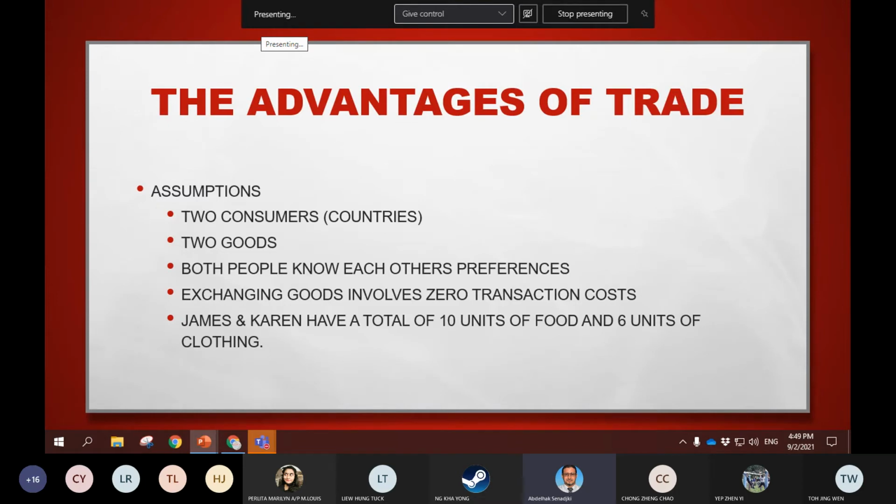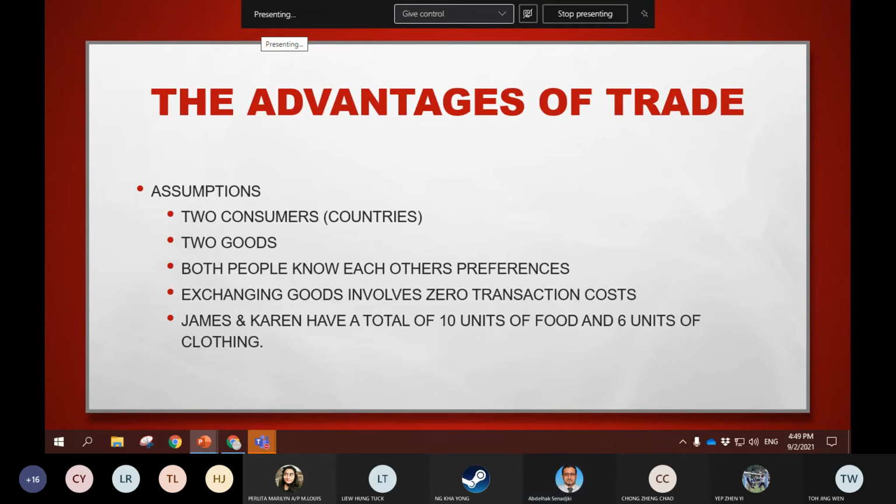Both countries or both individuals know each other's preferences. So let's say Malaysia knows Indonesia's preferences and Indonesia knows Malaysia's preferences if they want to trade. Exchanging goods involves zero transaction cost. We assume there is no transaction cost to keep the analysis simple, but actually there is transaction cost.